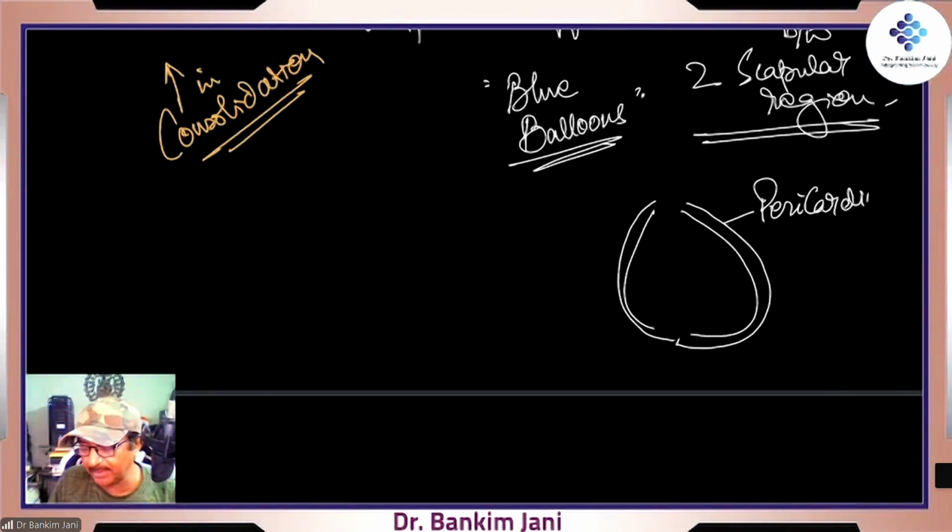Peri means surrounding, cardium is heart. Right? So this pericardium, sometimes it rubs because here the fluid has become less. For some reason, fluid is less. So that pericardium, it rubs with the heart. So that is what is called as the pericardial friction rub. So that can also be felt. Anyway, those things will come in time.